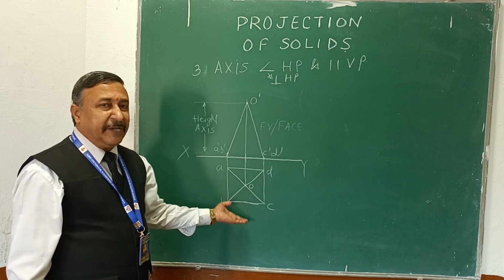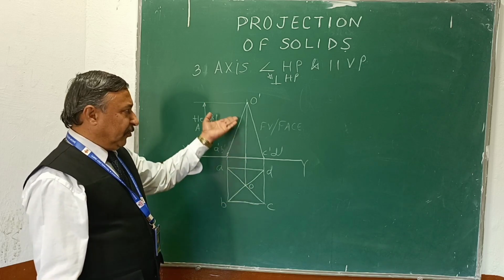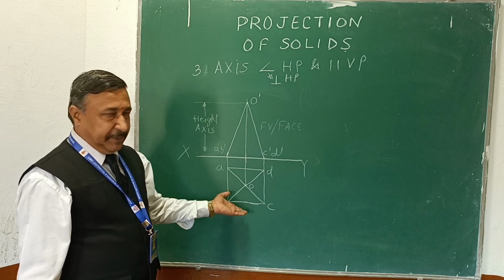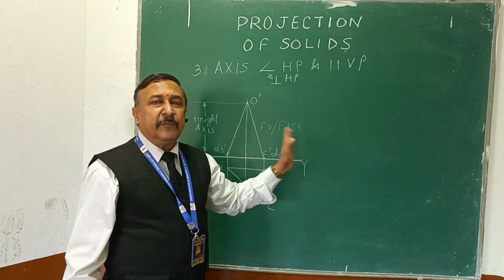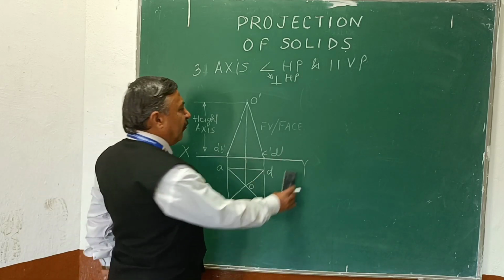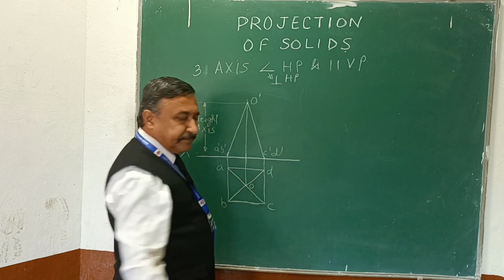This is a square pyramid, as you know, last time we have drawn it. So this is square pyramid, axis perpendicular to HP. Now we further move to the second step. Now see here how we incline this position.